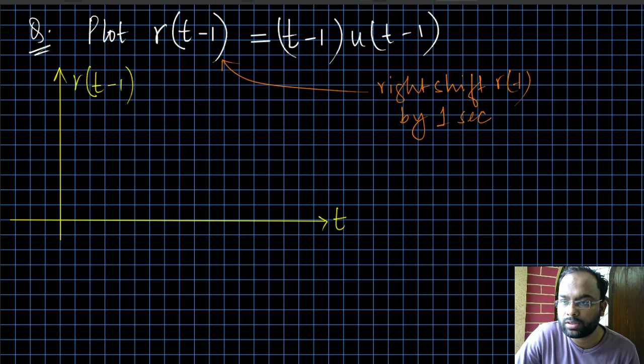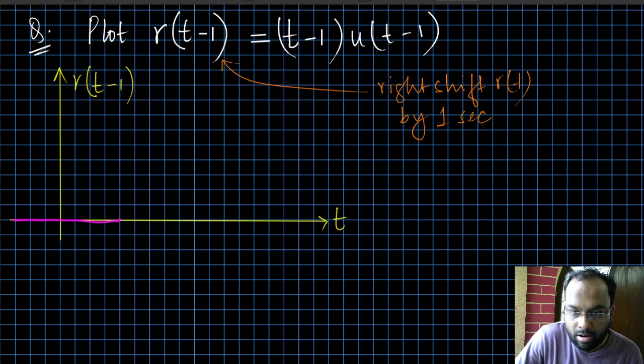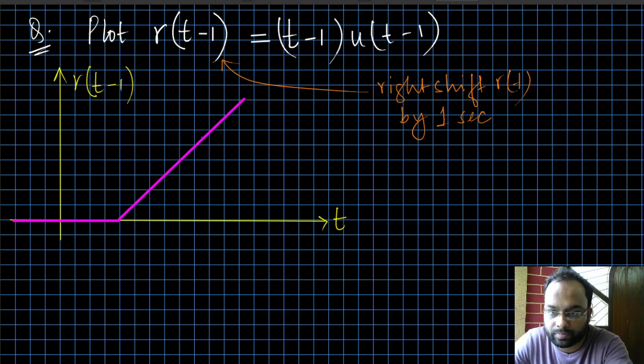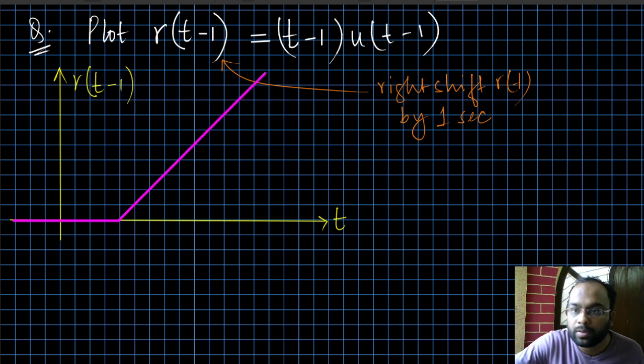Of course, the signal will be 0 up to t equal to 1, and then it will rise with a slope of 1. So this is t equal to 1.